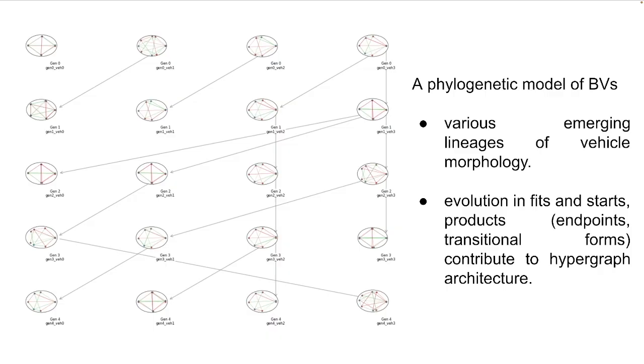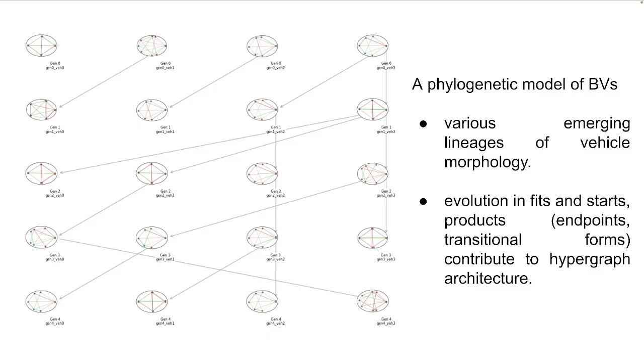So this is a phylogenetic model of Braitenberg vehicles. We have various emerging lineages of vehicle morphology. Some proliferate, so, for example, they branch into 2 different lineages or sublineages. Sometimes they're dead ends. But whatever happens, we want to treat each one of these examples as a potential component for our hypergraph.